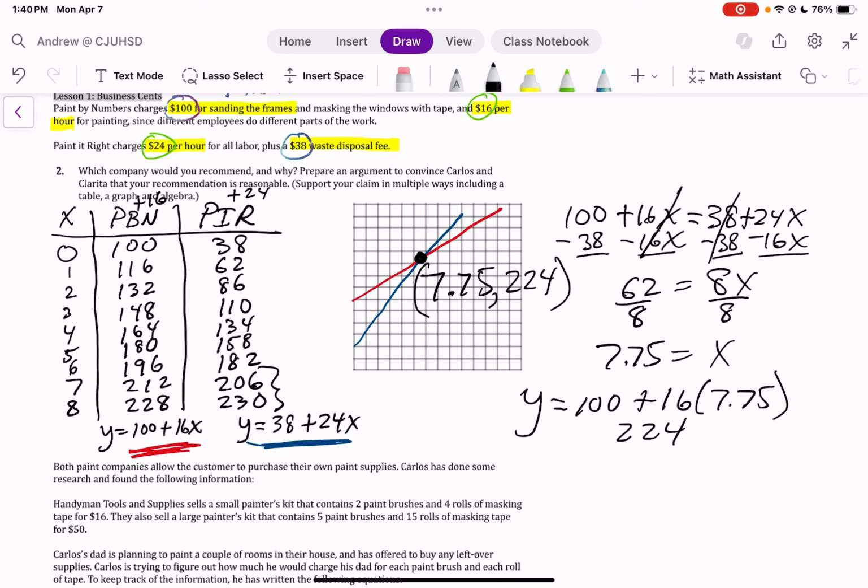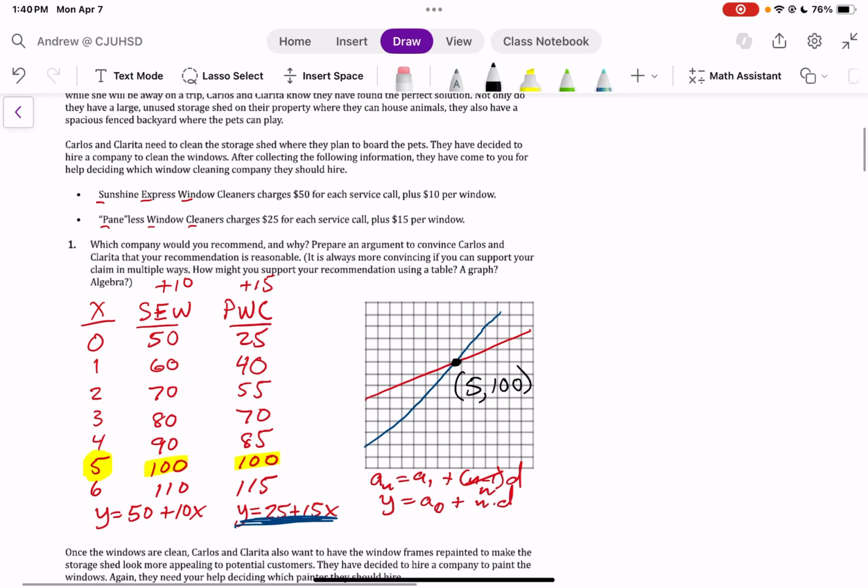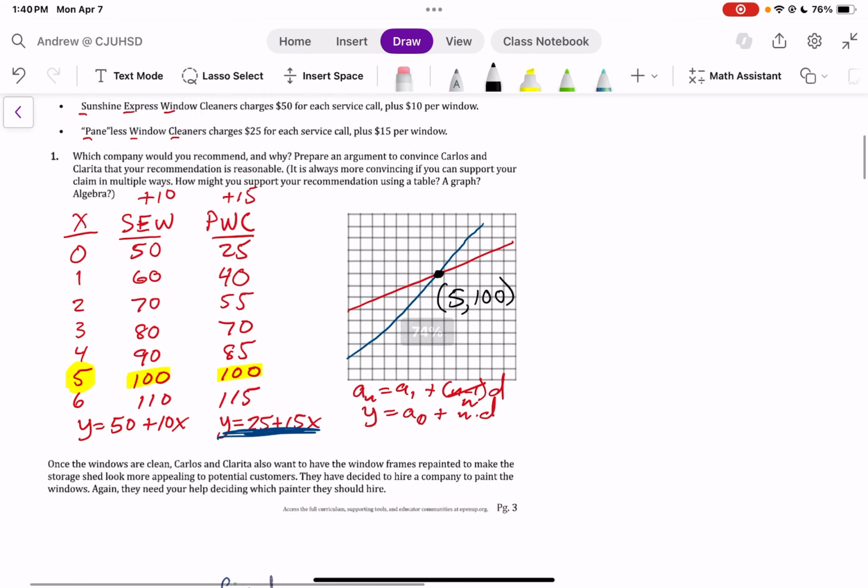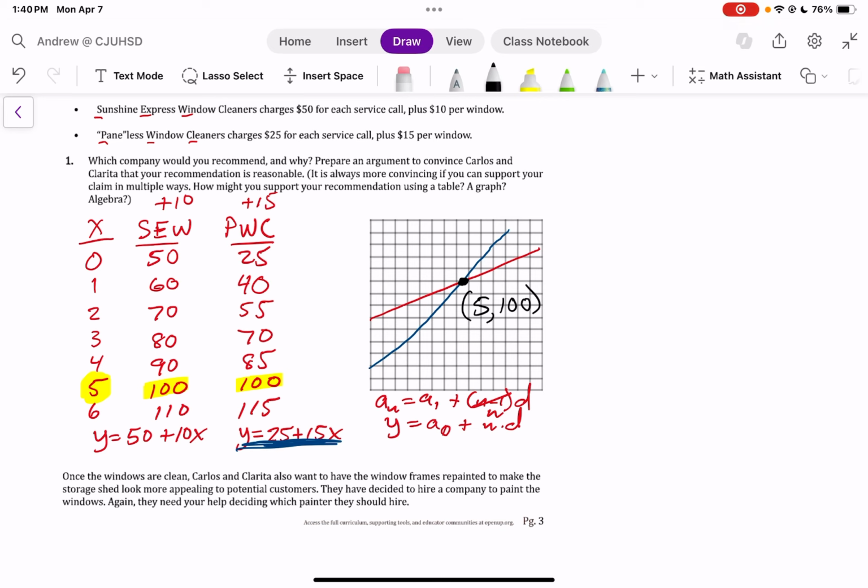So your recommendation is, if you're going to get less than 7.75 hours of work, then you're going to choose Paint It Right. And if you're going to do more than 7.75 hours of work, then you choose Paint by Numbers. Same thing back here. If you're going to have 5 windows cleaned, it doesn't matter which company.